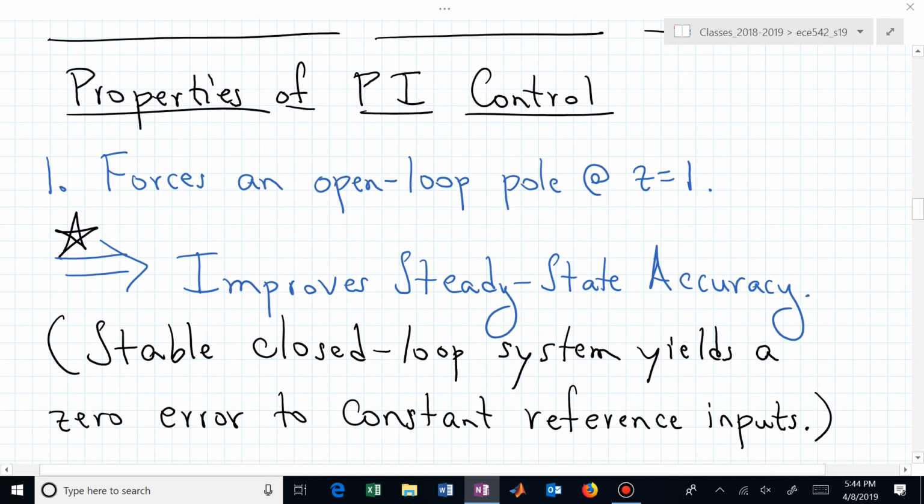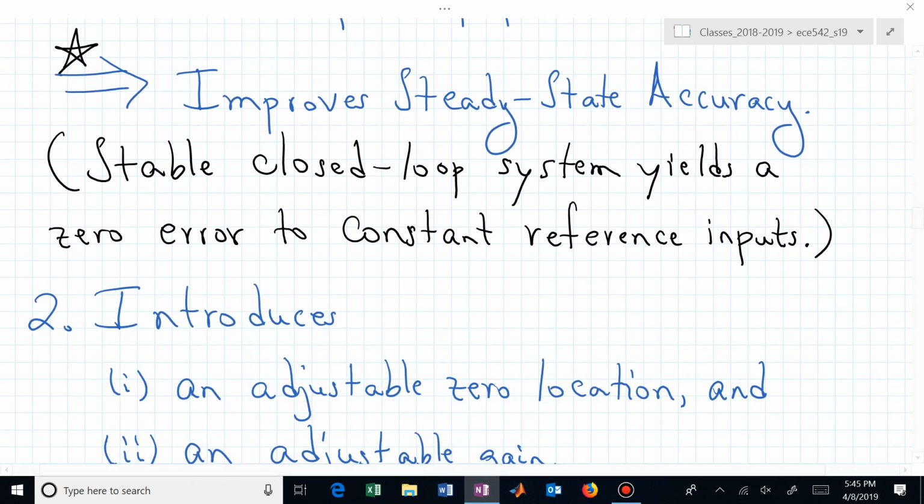And remember, in a control scenario, we're typically trading off steady state accuracy for transient performance. The fact that we now throw in a PI controller, we may be sacrificing some transient behavior, but we're trading that off with better steady state accuracy.